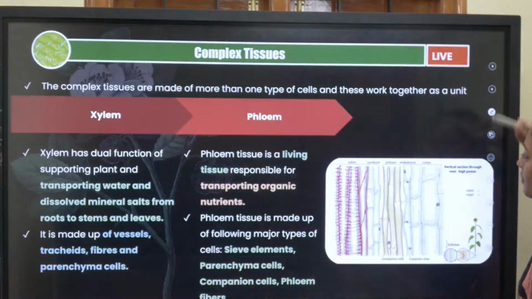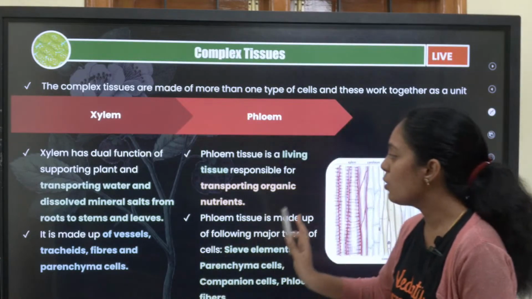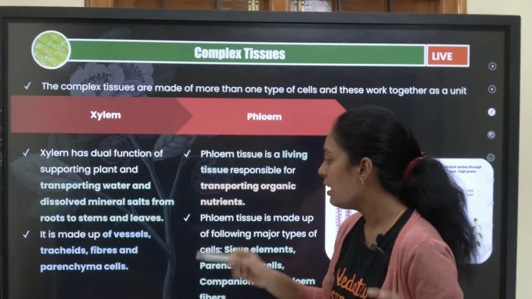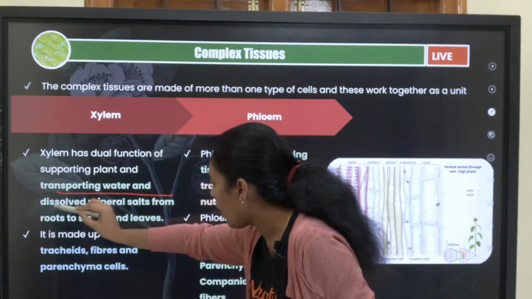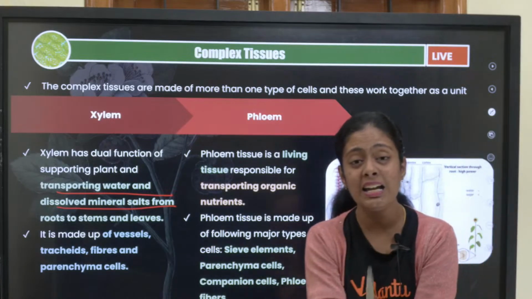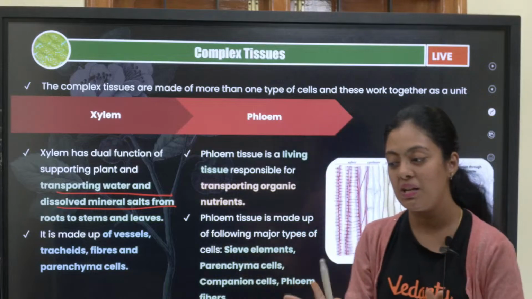Now we can study clearly and understand with pictures. Xylem has a dual function. What is the function of xylem? It helps in transport of water and minerals. Your phloem helps in transport of only food, whereas your xylem helps in transport of water and minerals both.